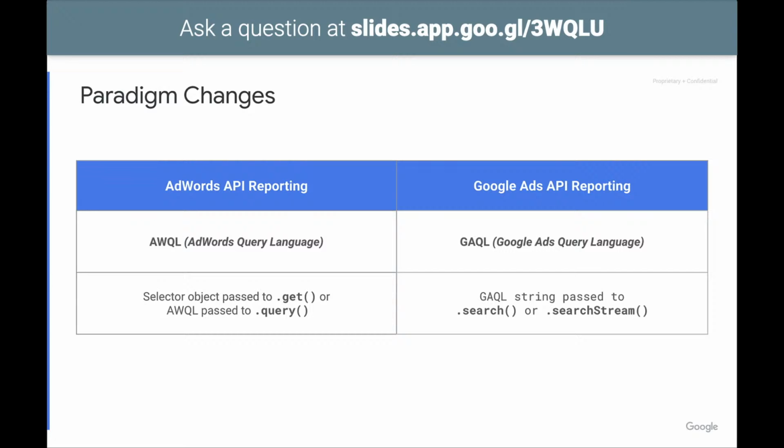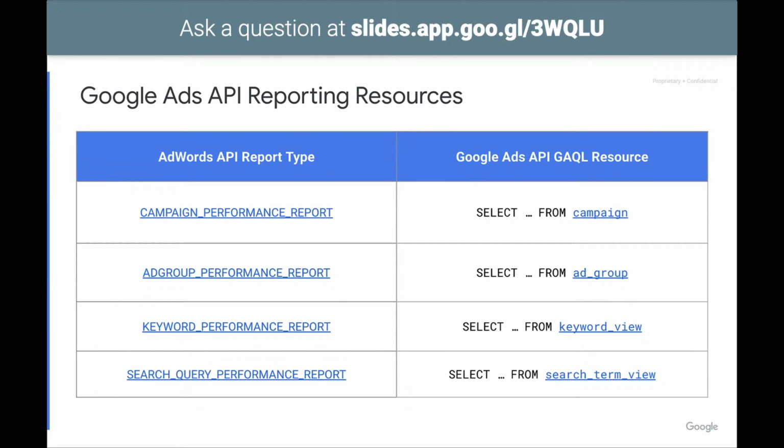And as you'll see here, it is kind of similar to the AdWords API with regard to reporting, because in the AdWords API, what you would do is you'd create a selector object containing all of the different fields that you want to retrieve, and you'd retrieve them from a given structured report.